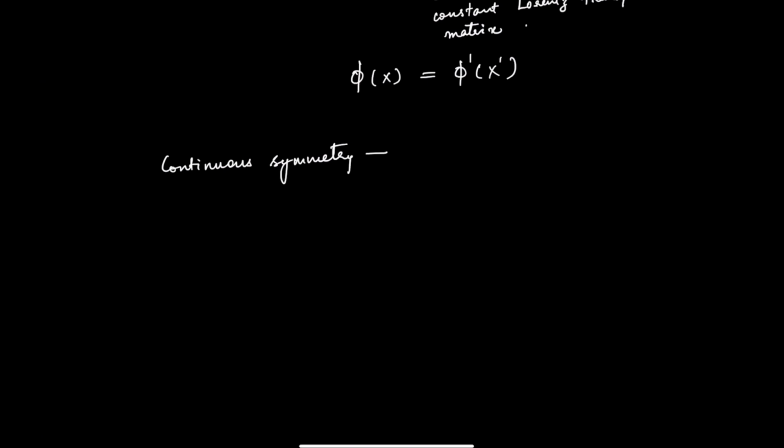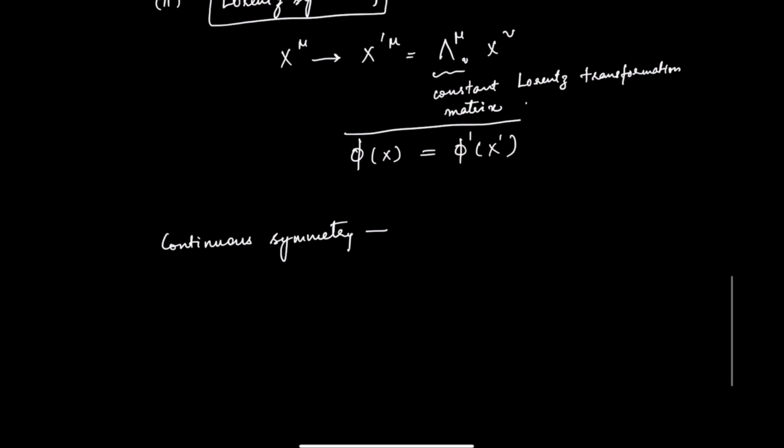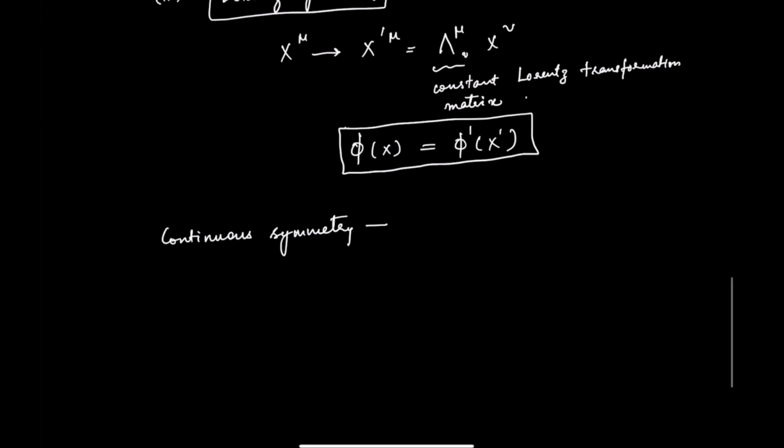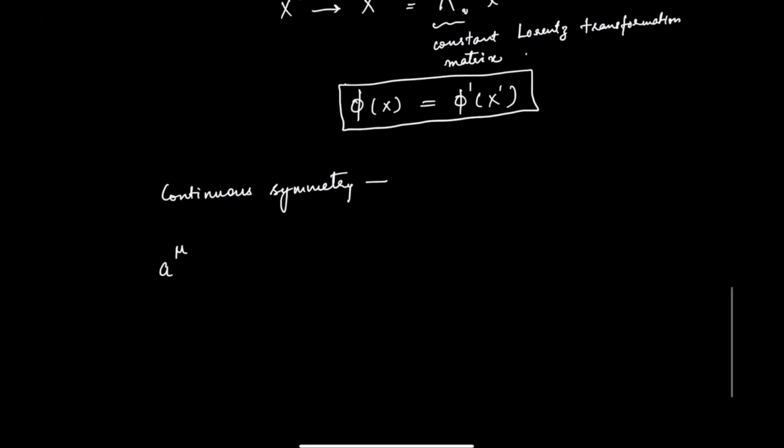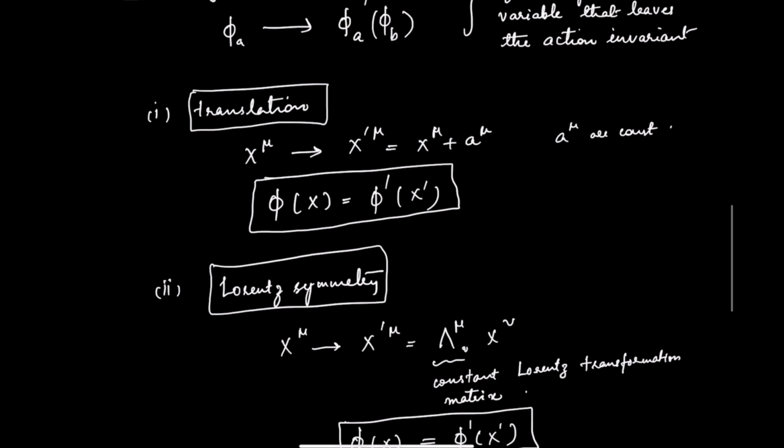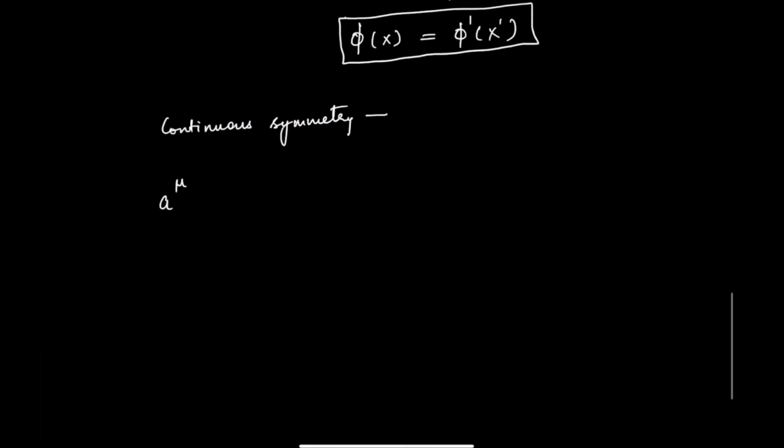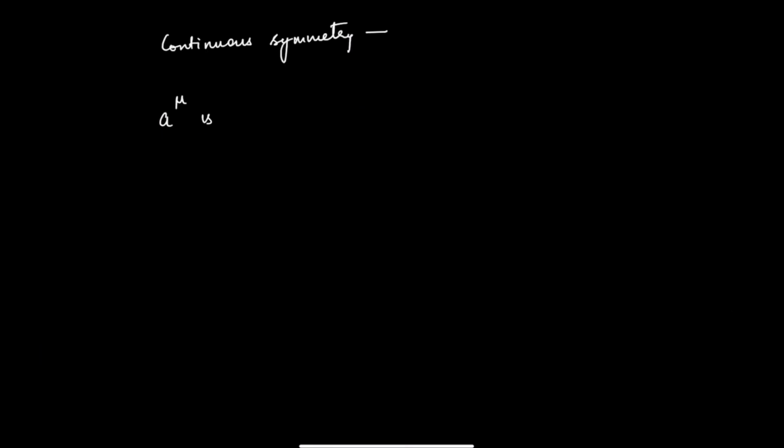So continuous symmetries are transformations which involve continuous parameters, something like this. Here a mu is a 4 vector. You can see that in the first case, a mu is a 4 vector, which involves 4 members, and it can be arbitrarily changed continuously.